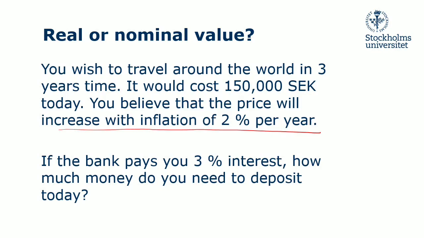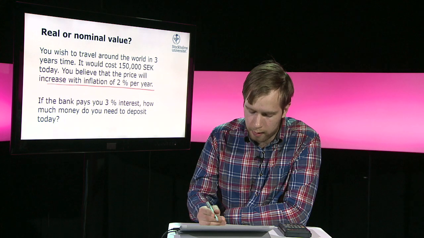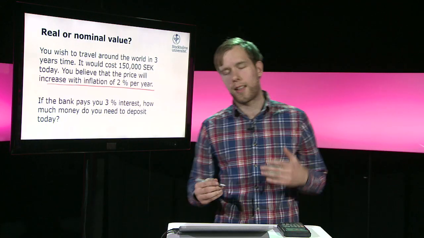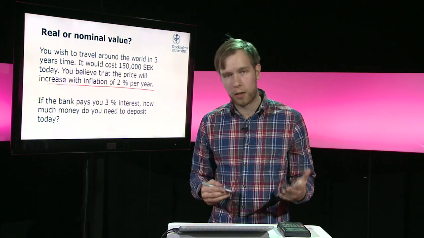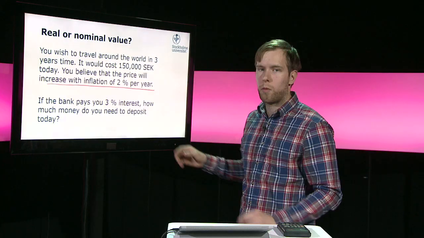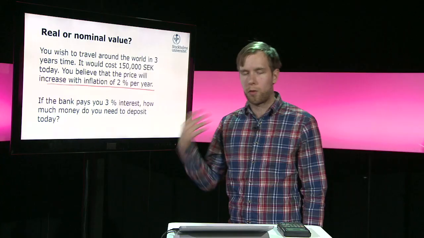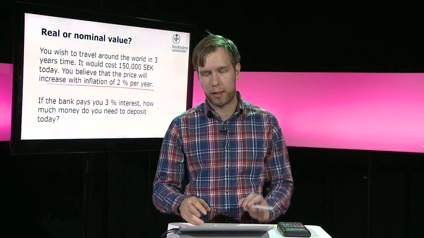And then we also know that the bank can pay us 3% interest. The question then is, how much money do I need to deposit today? So we know how much the price will increase, we know how much interest we will get, and therefore we can find out how much we need to deposit today.